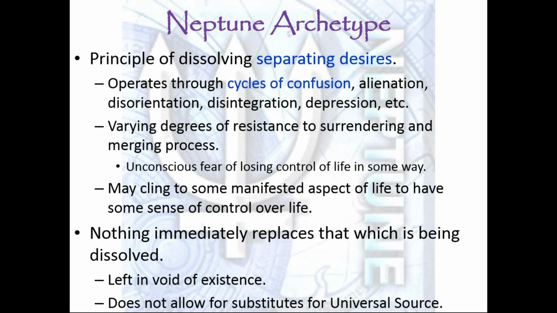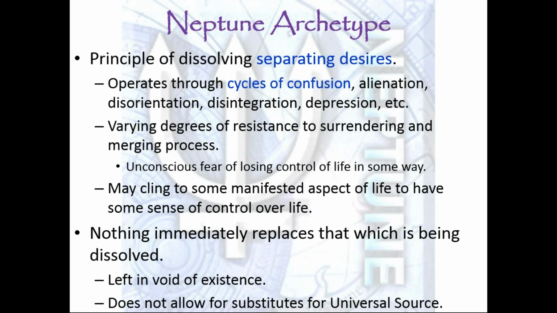And so if we're resisting the merging with source, if we're clinging to any separating desire, then what we will move into with Neptune is what we call those cycles of confusion. Things will lose meaning.